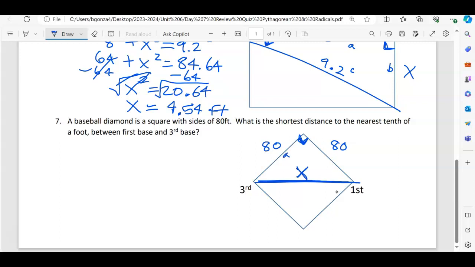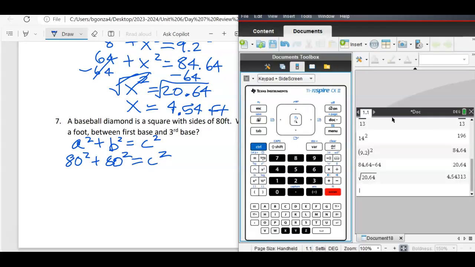So we got A, we got B, we got C. So again, A squared plus B squared equals C squared. 80 squared plus 80 squared equals C squared.